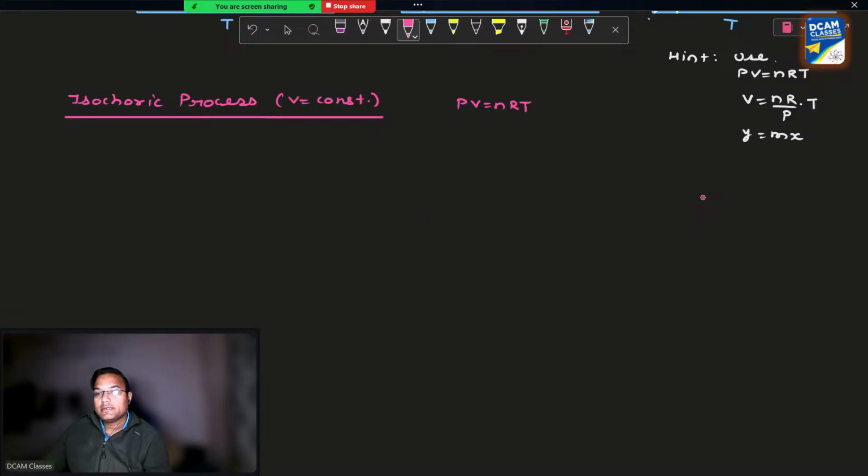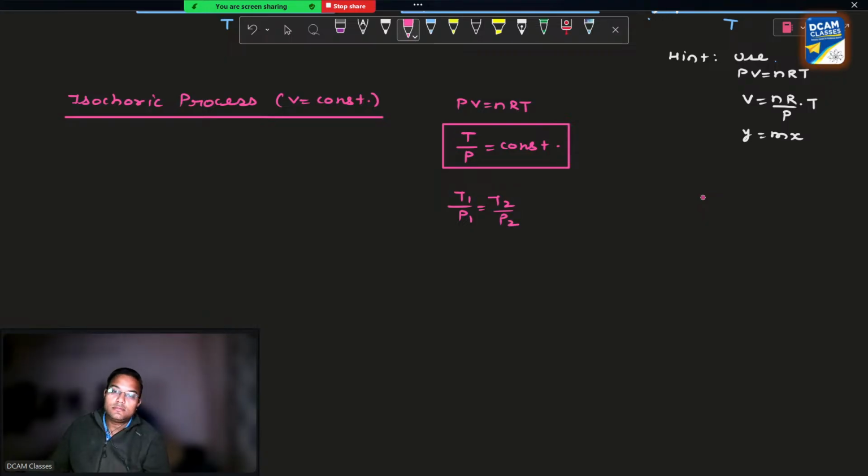I can write here T by P is constant, right? Yes. So I can do T1 by P1 is equal to T2 by P2 for calculation. That's one thing. Let's keep it aside. Now, for delta Q is equal to delta U plus delta W, can you tell me what should be the work done?